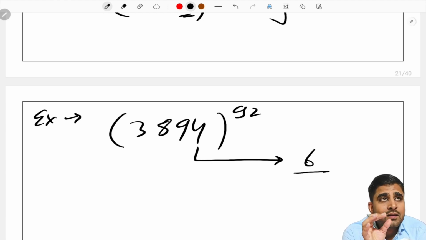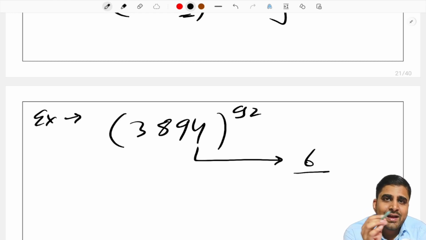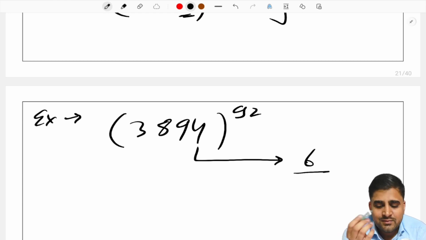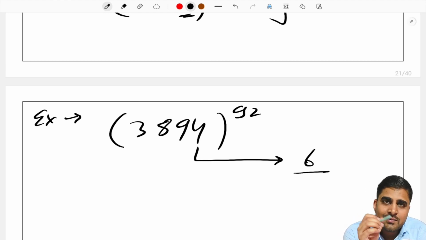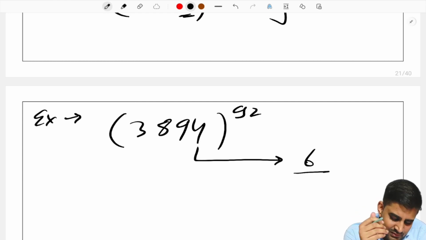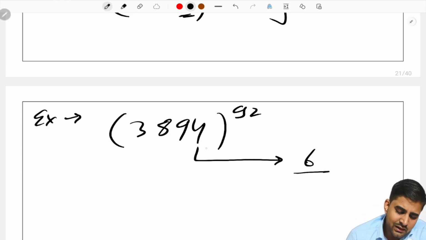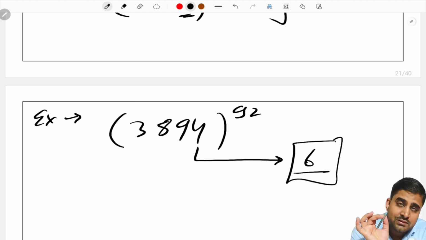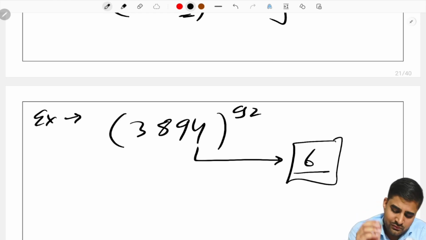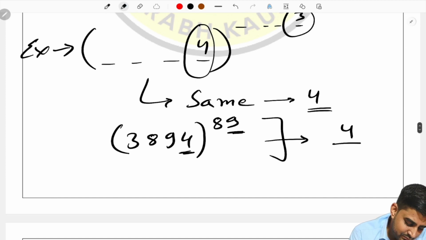Try to make it full. How to make it full? Make it 0. Either you get 0 or you get 10. In case of even, try to make it full. So to make it full, we need 6. So the unit digit should be 6 in case of even. Again we will revise that because it's a tricky one.